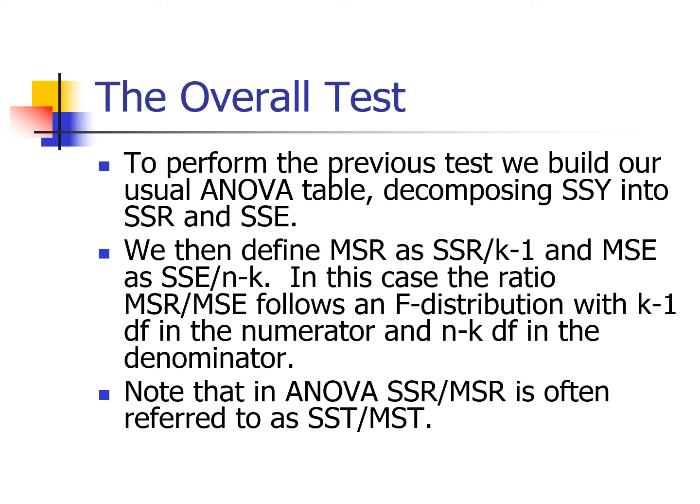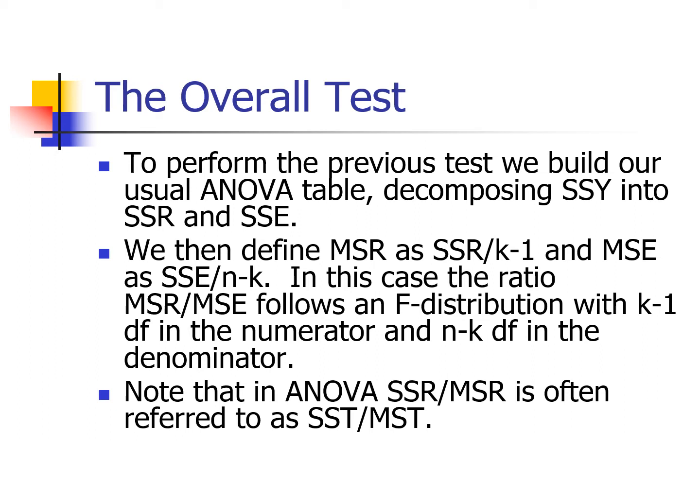We then define MSR as SSR divided by K minus 1, the number of categories minus 1, and MSE as SSE divided by N minus K. We can show mathematically that the ratio of MSR over MSE follows an F distribution with K minus 1 degrees of freedom in the numerator and N minus K degrees of freedom in the denominator.